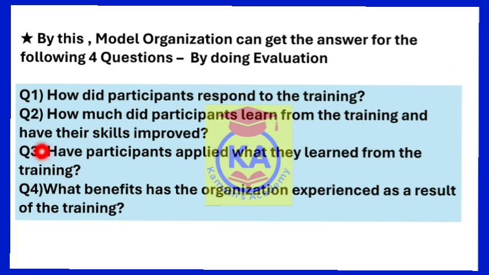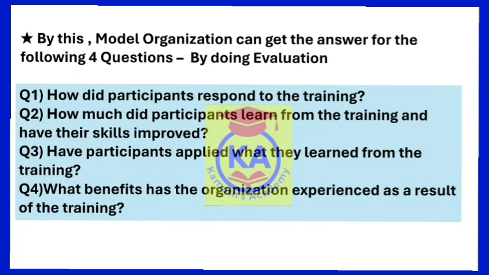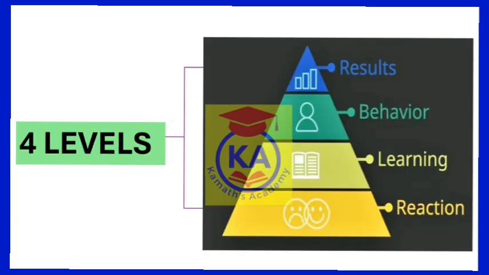Question 3: have participants applied what they have learned from the training? That is the third level, behavior. And the fourth question: what benefits has the organization experienced as a result of the training? That is the fourth level, results. Let's discuss each level one by one in detail.